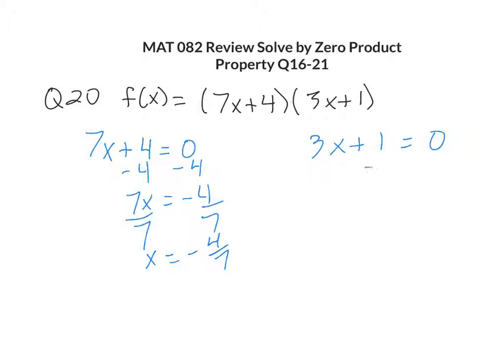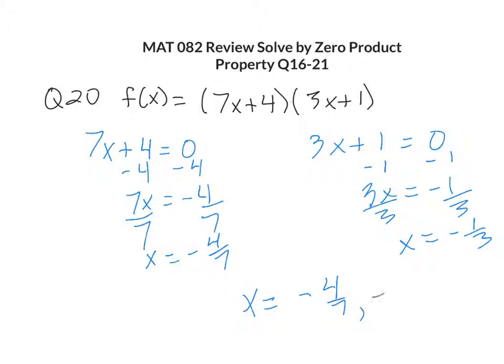Over here, I'm going to subtract 1 from both sides. That gives me -1. And then I'm going to divide by 3. X equals -1/3. Alright, then I'm going to write them down here. X equals -4/7, comma, -1/3.